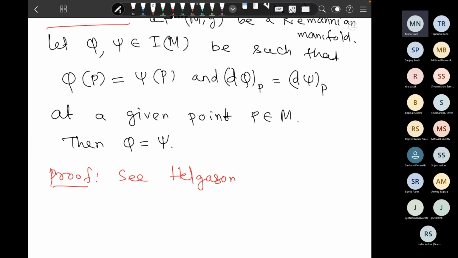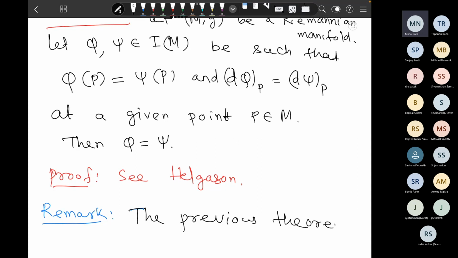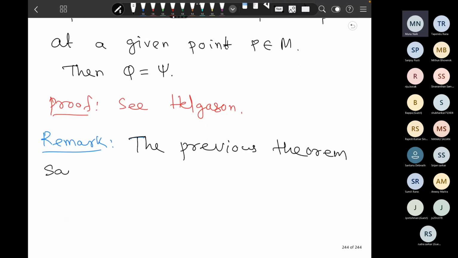So let us write that. Remark: the previous theorem says that isometries are rigid.